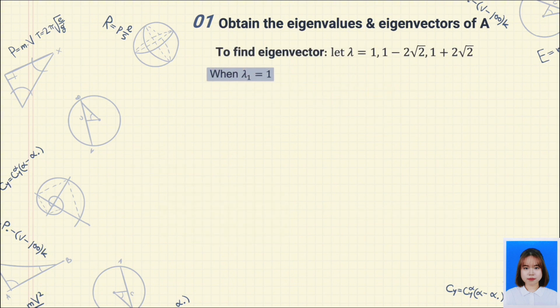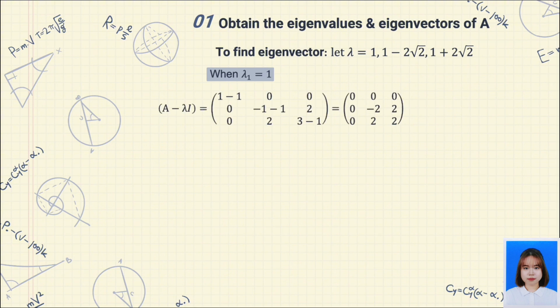To find the eigenvectors, we have to substitute lambda equals 1, 1 minus 2 square root 2, and also 1 plus 2 square root 2. So we first let lambda equal 1. A minus lambda I is equal to 0, 0, 0, 0, negative 2, 2, 0, 2, 2.